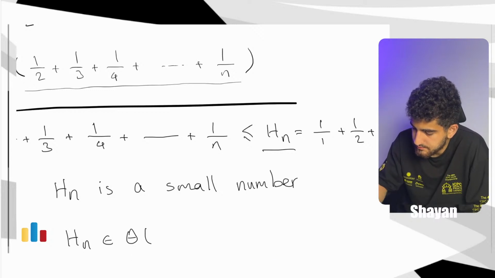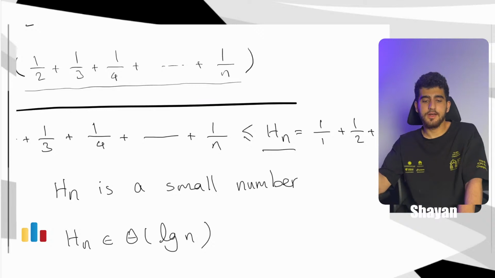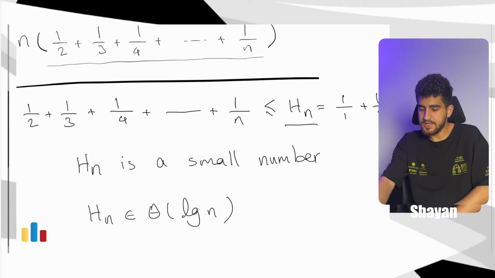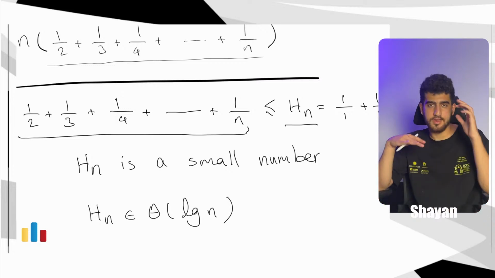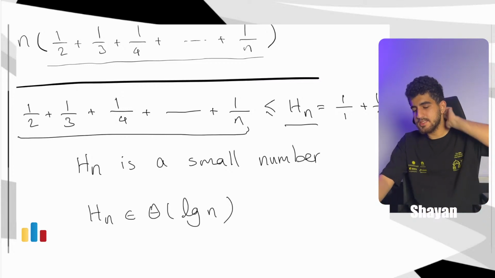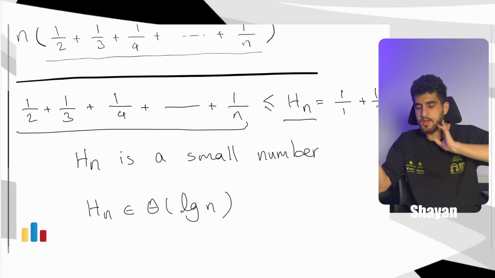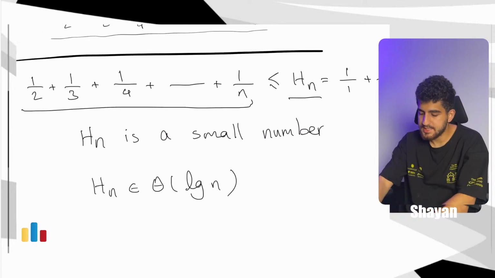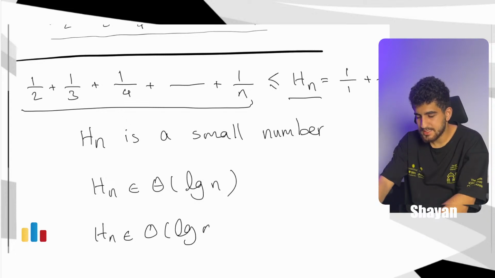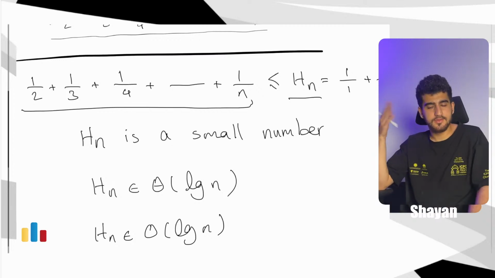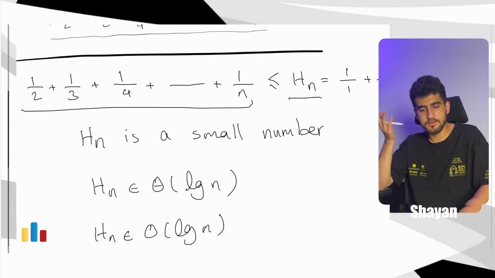If I show that H of n is from theta of log n, this shows that in general what I have in here is around a constant times log n. And theta means that it is both from O of log n and omega of log n. In other words, H of n is from O of log n and it is not really better than that. It is really around log n.